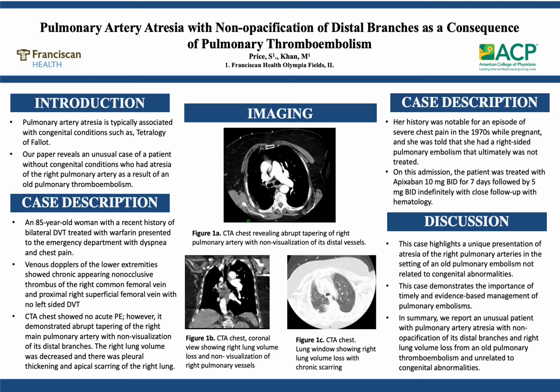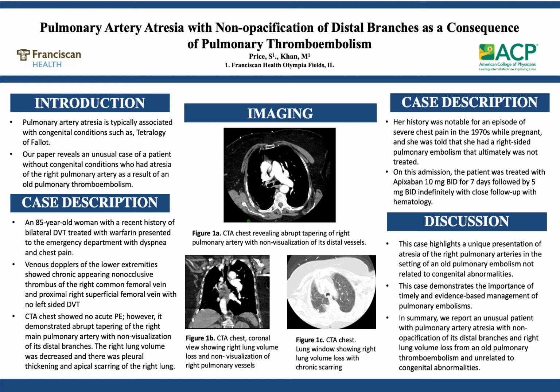In this imaging, in figure 1A, CTA of the chest shows that the left pulmonary artery continues downwards in its normal course. However, the right pulmonary artery abruptly tapers and does not continue, and you can see that there are no distal vessels in the right lung field.